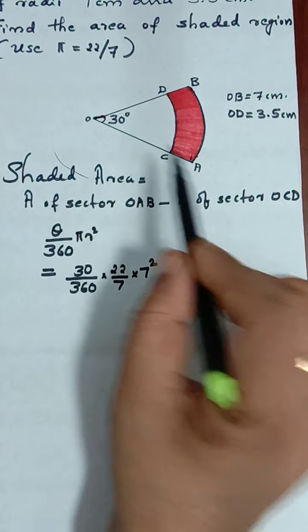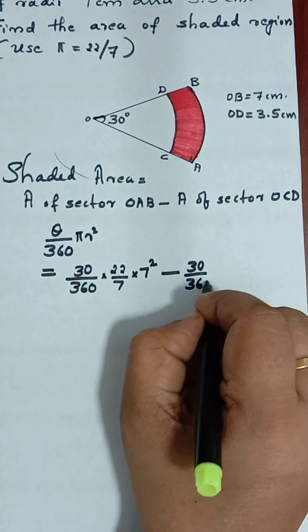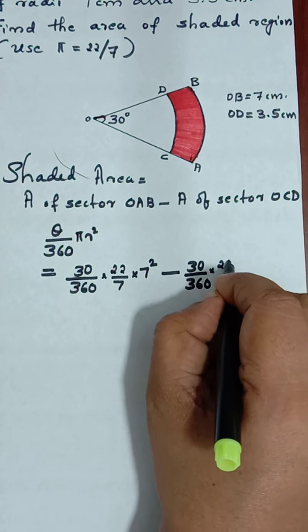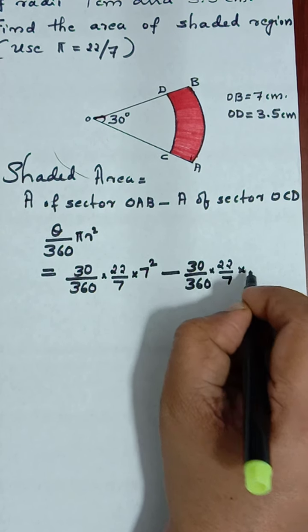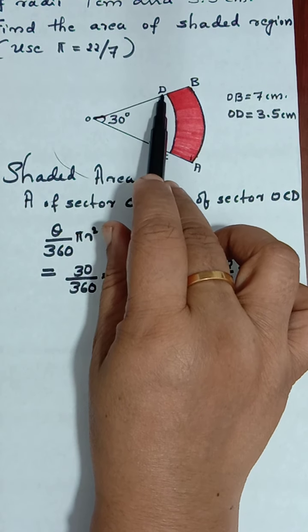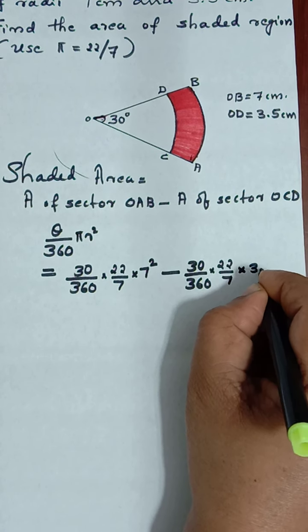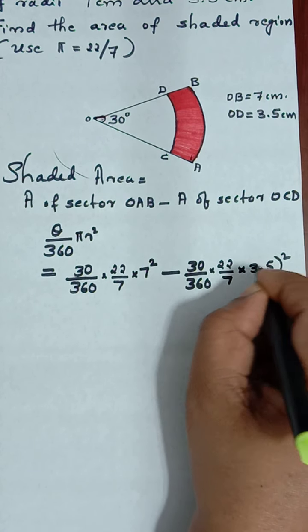That is again theta by 360, pi the same for both, into radius of OCD. The OCD radius is OD or OC, it is the same. You write it as 3.5 square.